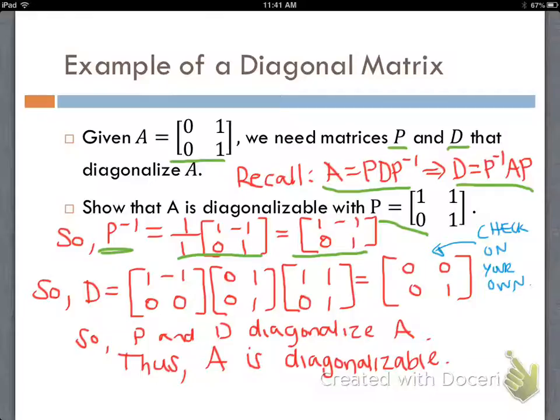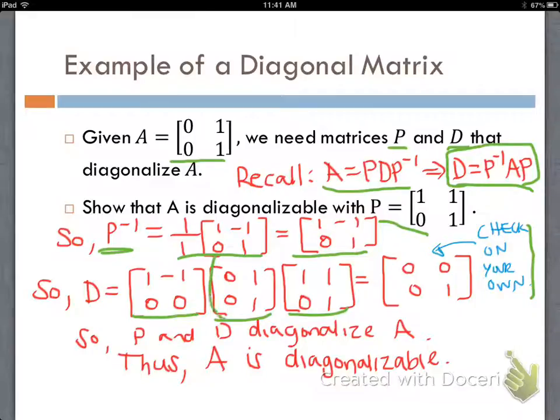Okay, and so using this formula here, because in this formula we need P inverse, A, and P, right, which we now have. So this is our P inverse, this is our A, this is our P, and make sure you check on your own to confirm.